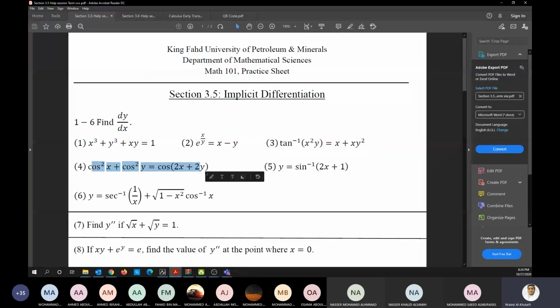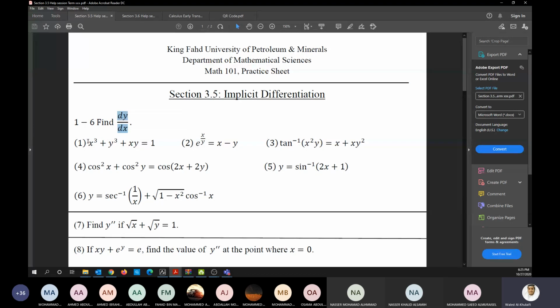Sometimes you can rewrite the equation, but, which happens in fact in the future, you cannot write y as a function of x in explicit form, so you have to deal with the equation as it is, like this one. And our objective is to find the derivative of y with respect to x.